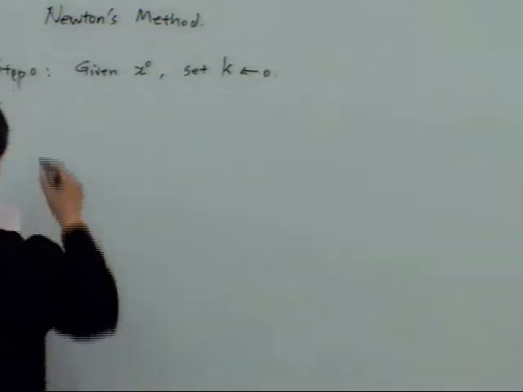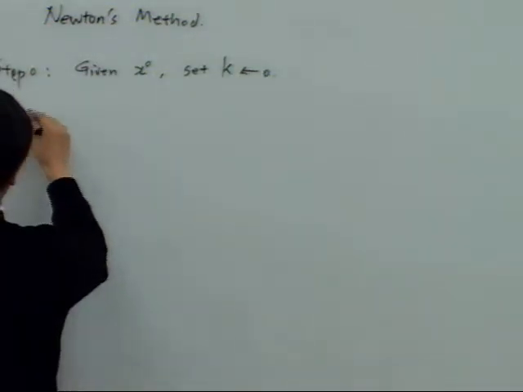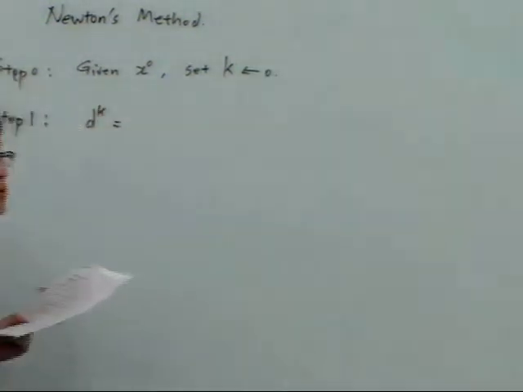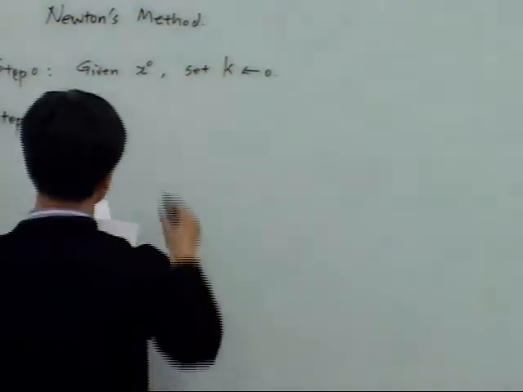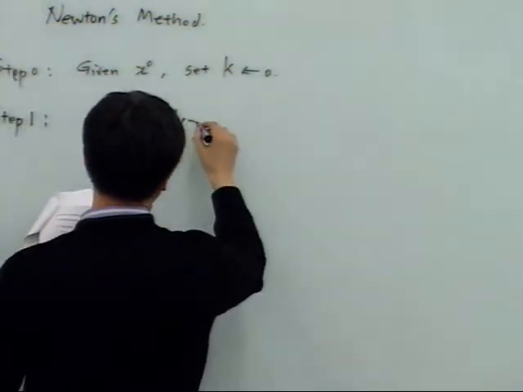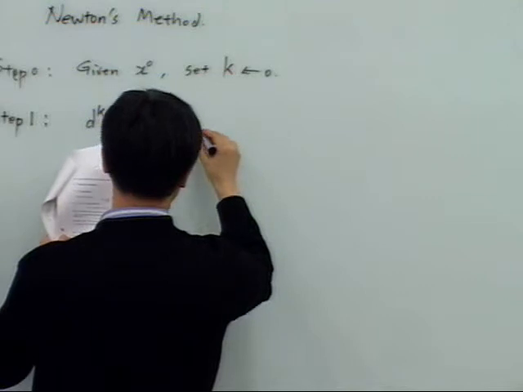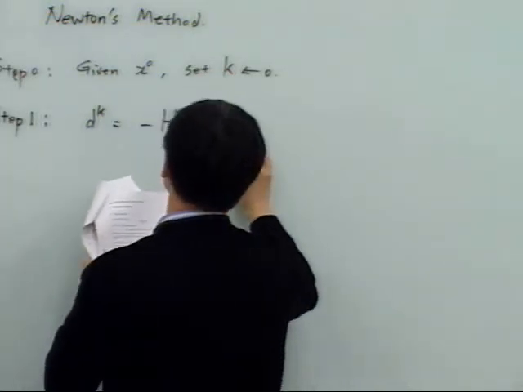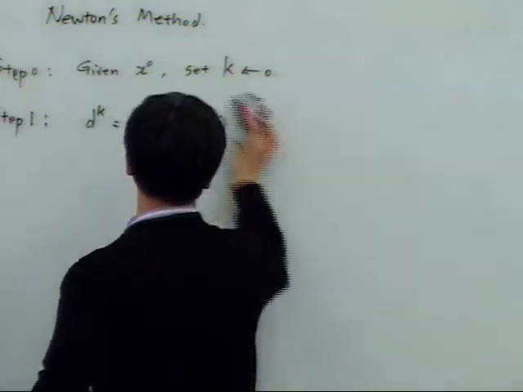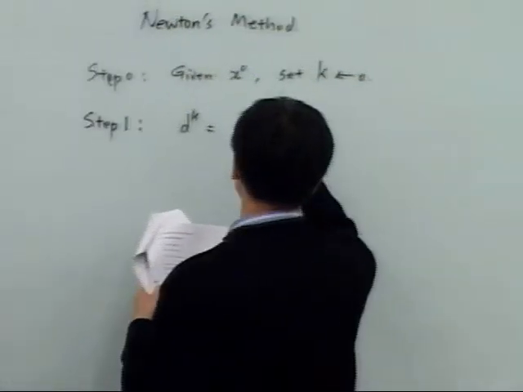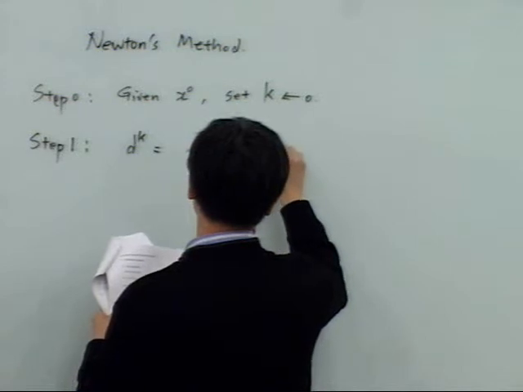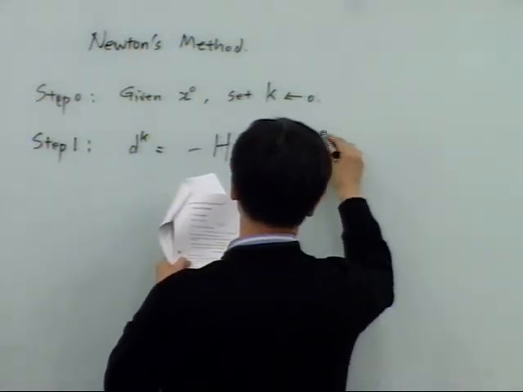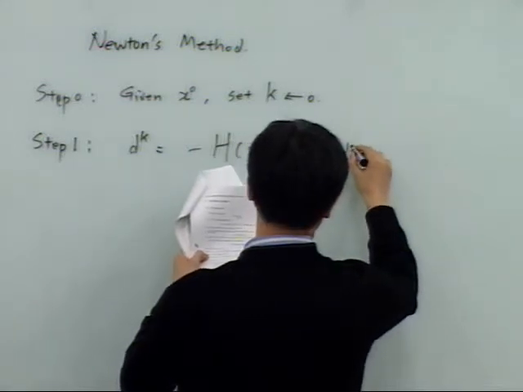Step 1 is calculation of your Newton direction. d_k is minus Hessian at x_k inverse times gradient f(x_k).